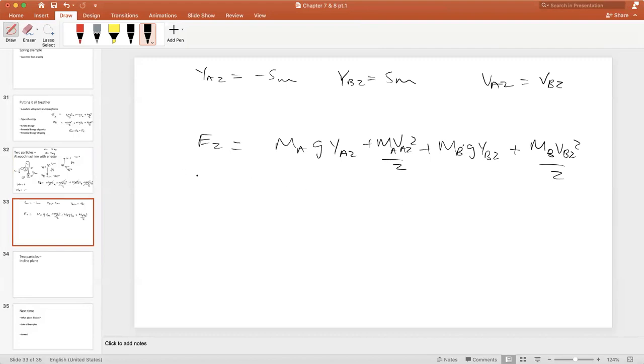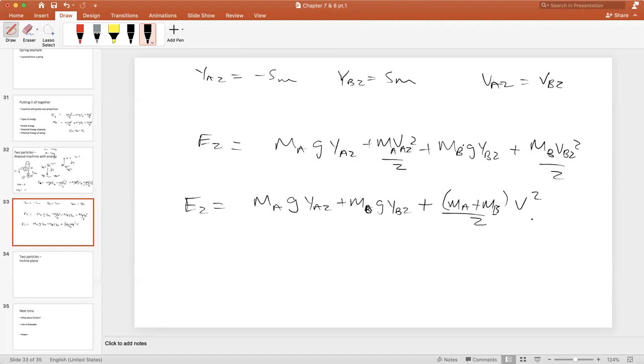So E2 is equal to g(M_A y_A2 plus M_B y_B2) plus (M_A plus M_B) over 2 times v squared. I'm just going to call it v.